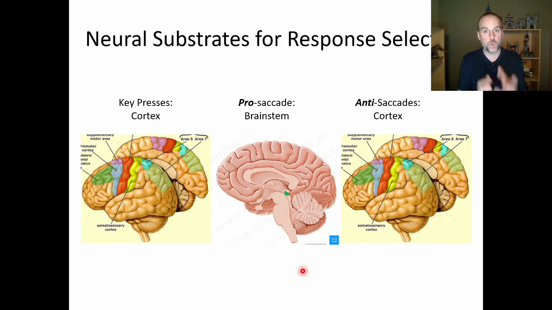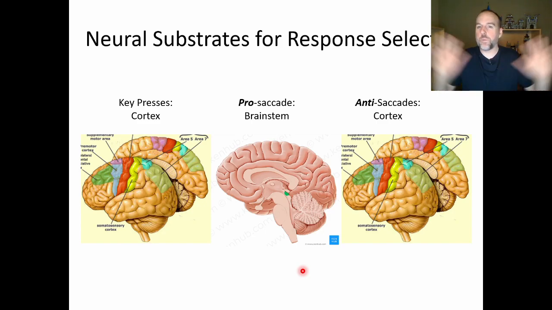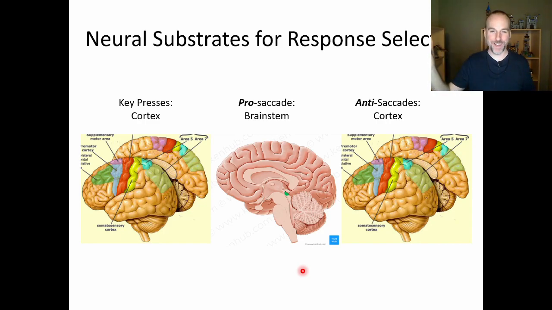Being very simple is what allows it to be very fast and automatic. Now, an anti-saccade doesn't sound very complicated, but it's too complicated for the brainstem. Light turns on, look in the opposite direction. The brainstem would say, I'm out, I can't do that, I don't know what you want. Ask the cortex, ask the higher evolved, more complex areas of the brain.